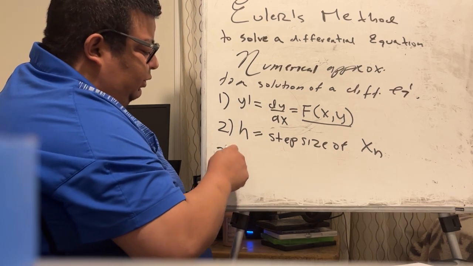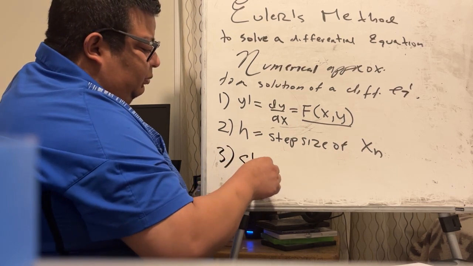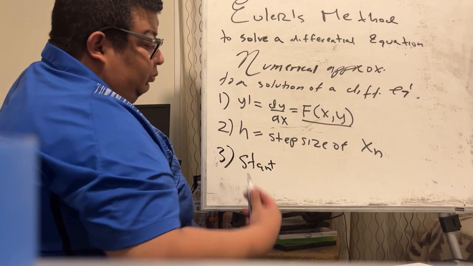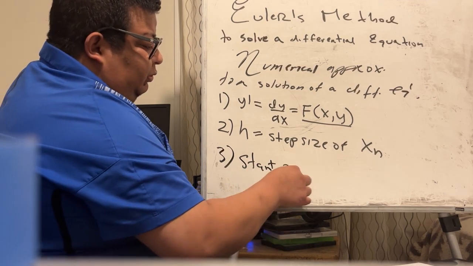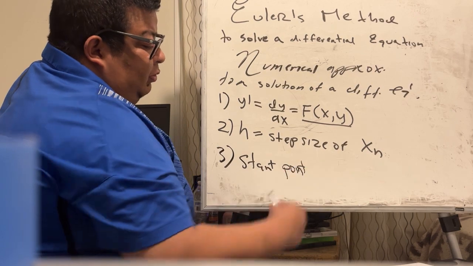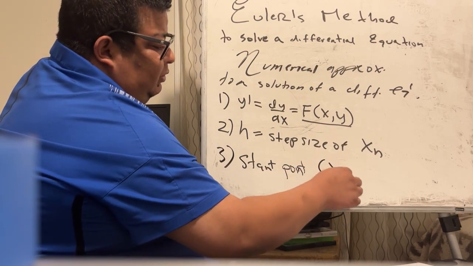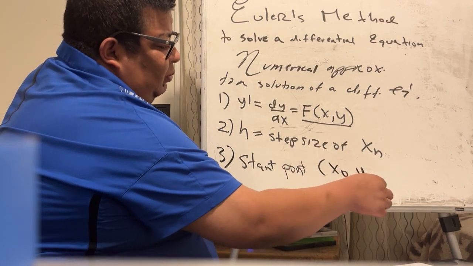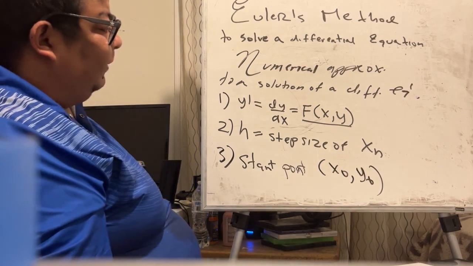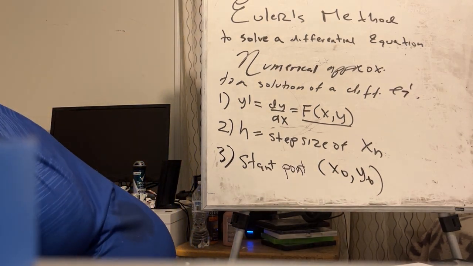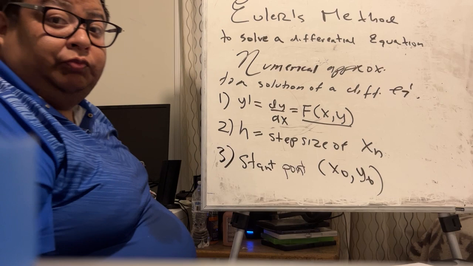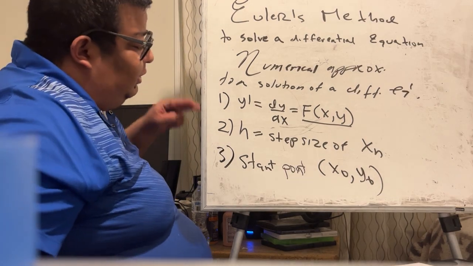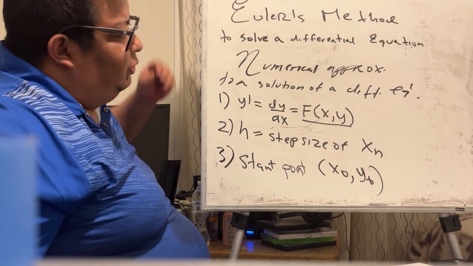And then thirdly, you're going to be given a start point. That's going to be given in terms of x naught and y naught. All right, so these three things are needed in order to use Euler's method.